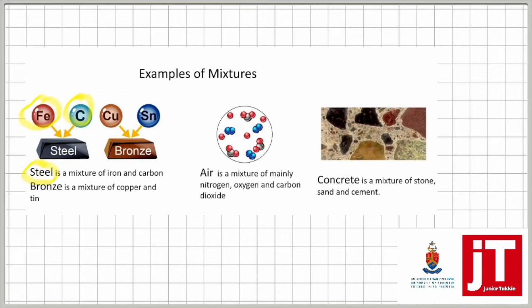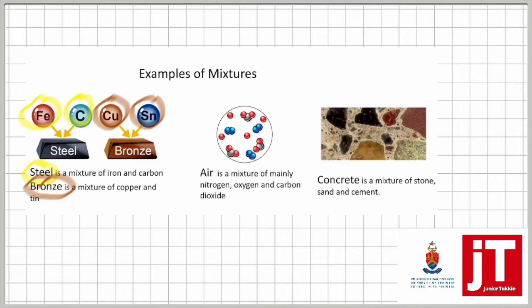Let's have a look at bronze. Bronze is also a mixture of copper and tin. We combine them in a certain ratio to get what is known as an alloy, which is a mixture of the copper and the tin.